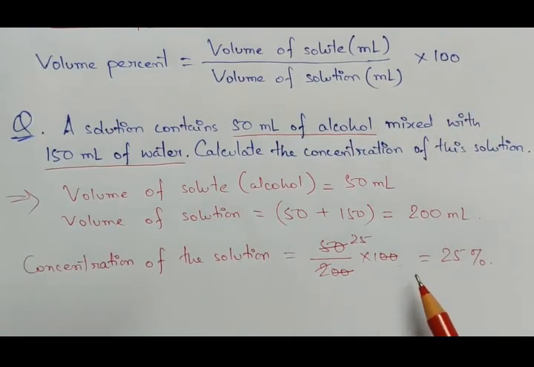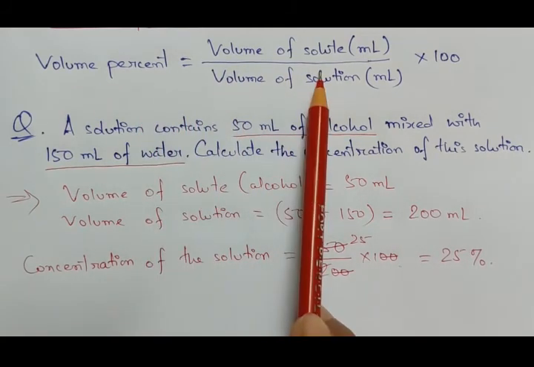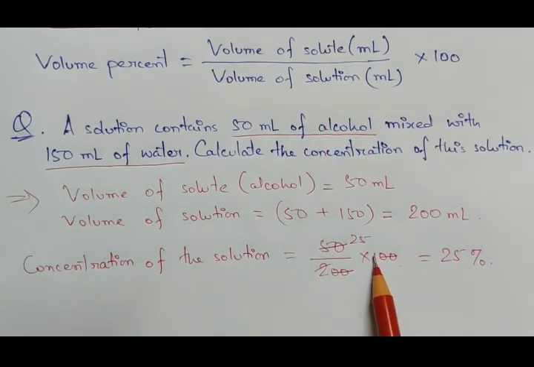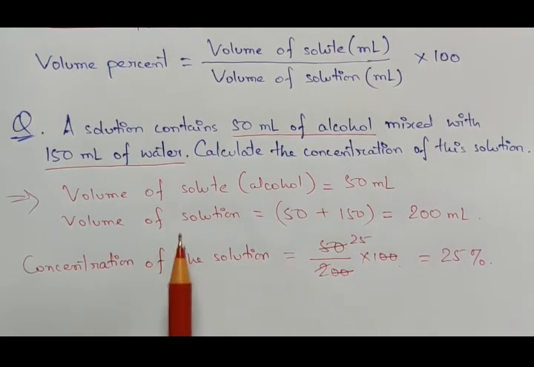But while you solve the numerical in exams, you have to write this formula first, then put the values in that formula, and then calculate the answer. Then you have to write the answer also. In this way you will get the full 2 marks which is allotted for this question. Clear? So this was all about the solution.